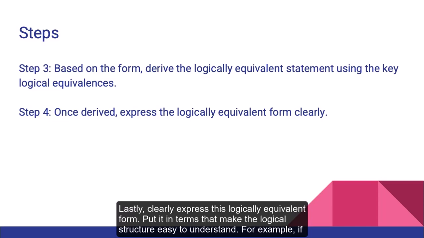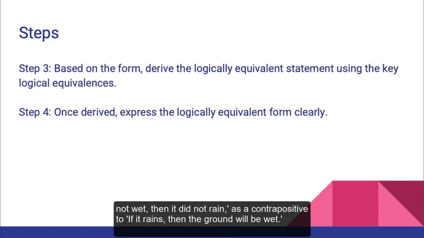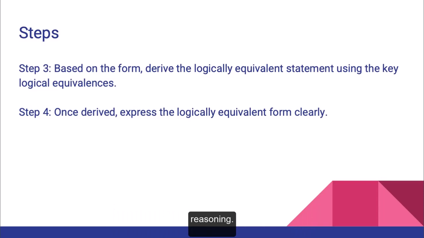Put it in terms that make the logical structure easy to understand. For example, if you've determined that the contrapositive is logically equivalent to the original statement, you could say something like, if the ground is not wet, then it did not rain, as a contrapositive to if it rains, then the ground will be wet. Following these steps systematically will help you confidently navigate the complexities of conditional statements, a cornerstone of logical reasoning.